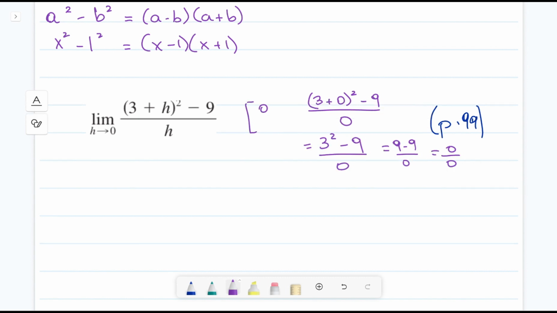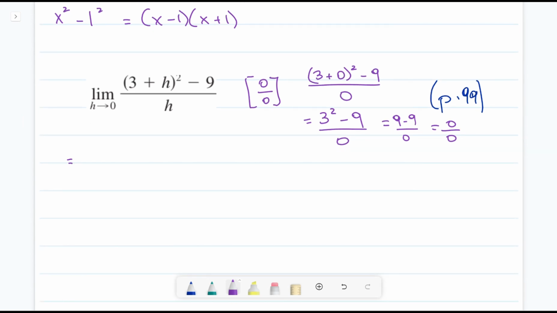So on the side, keep it written 0 over 0. This is a sign that plugging in is not the right technique in this question. So we might try another technique. So we can try to factor.